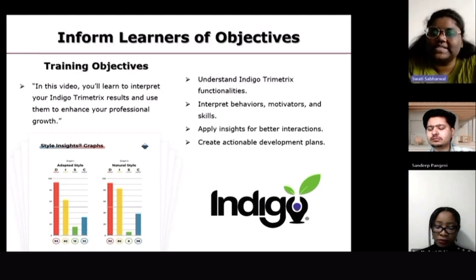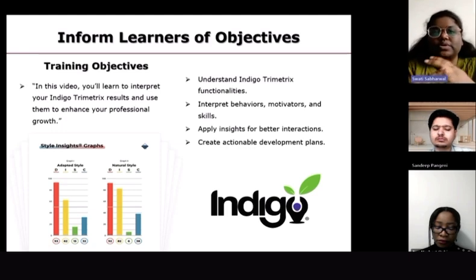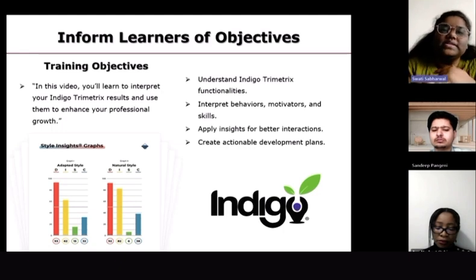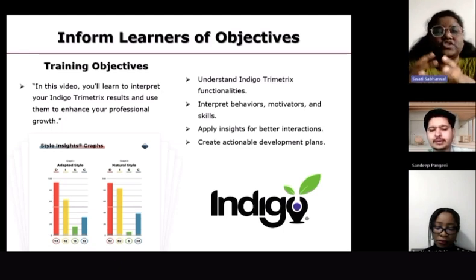There are some measures in this Indigo Trimetrics tool: behavior, motivators, skills, emotional, personal traits. Behavior is what the person naturally does. Motivators are the driving force to make decisions. Skills is in which terms they're naturally good at, and the emotional traits are how the person interacts with others.